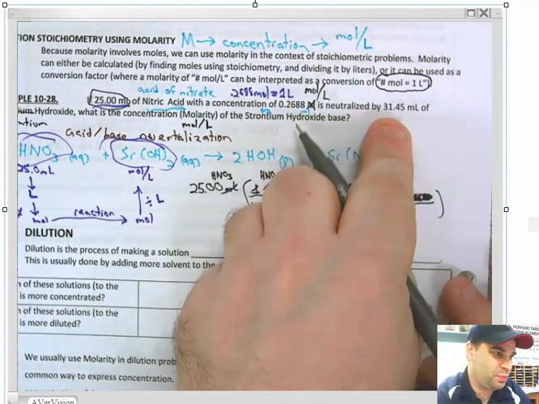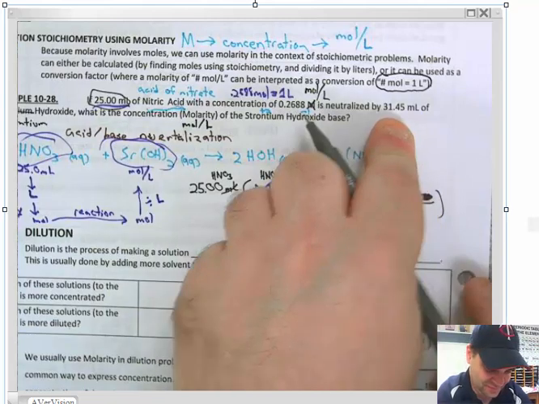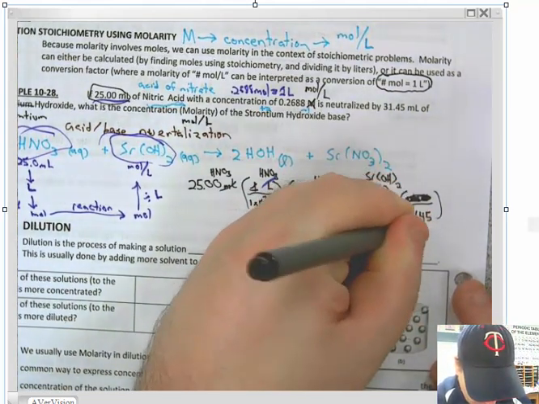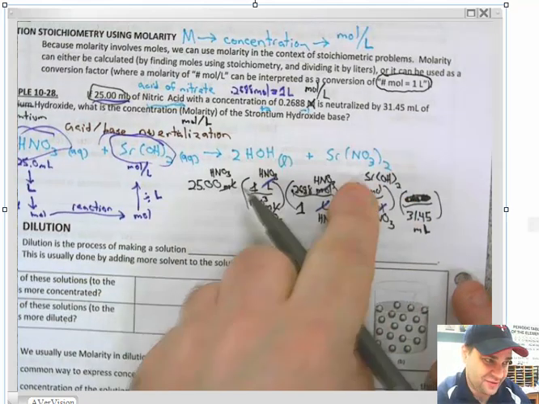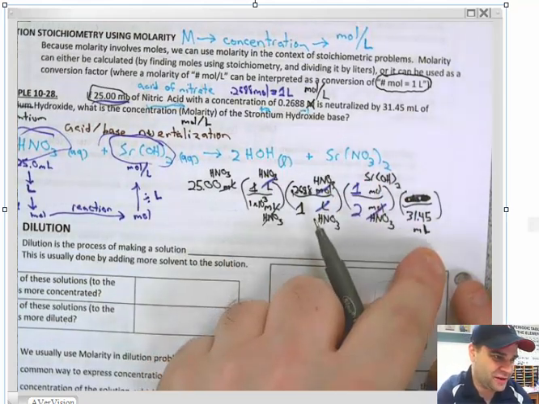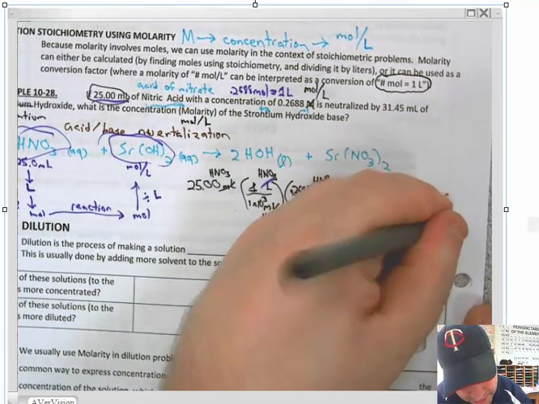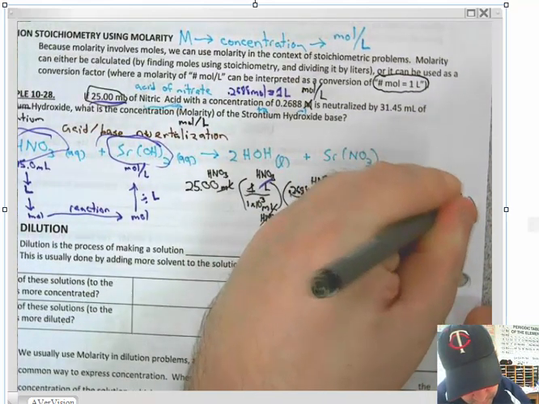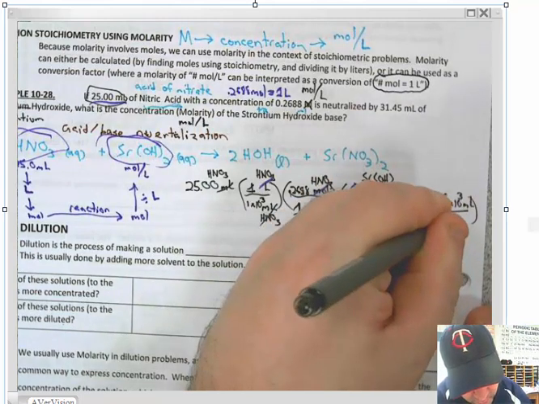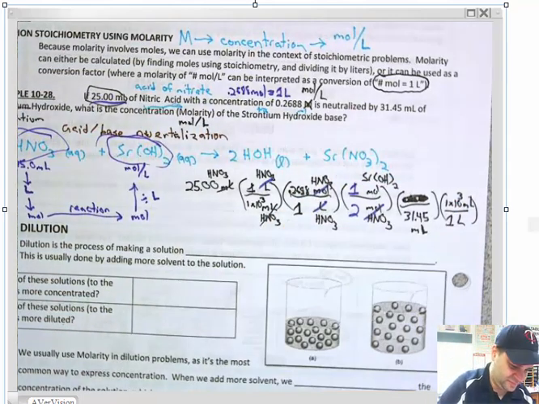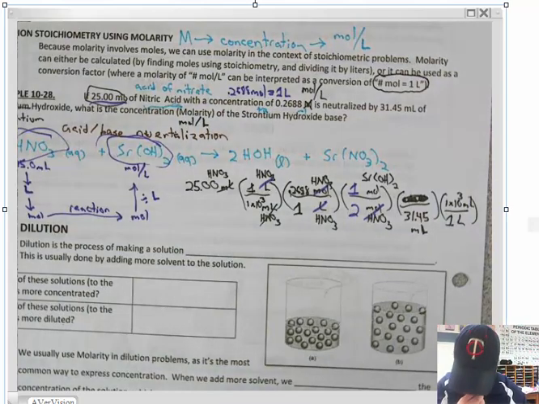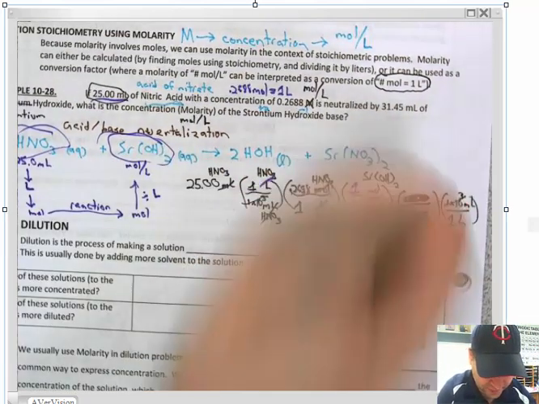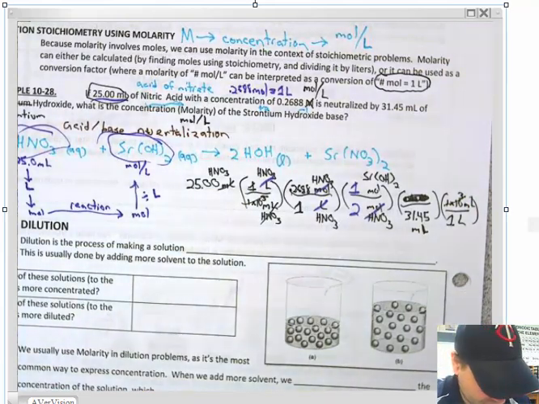Okay, you see this 31.45 milliliters? I'm actually going to put that on the bottom like this, because now I have moles per milliliter. I have to convert that back to liters. So 1 times 10 to the third milliliters equals 1 liter. What's nice about this too is that this 10 to the third and this 10 to the third actually cancel out, so I don't need that in my problem.